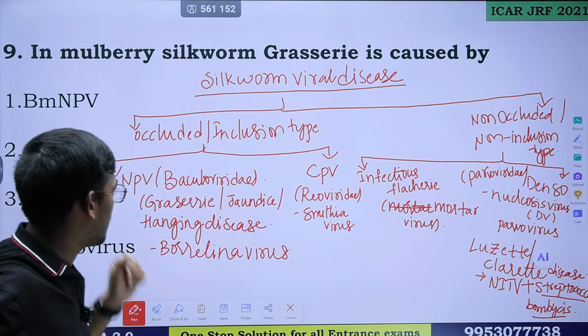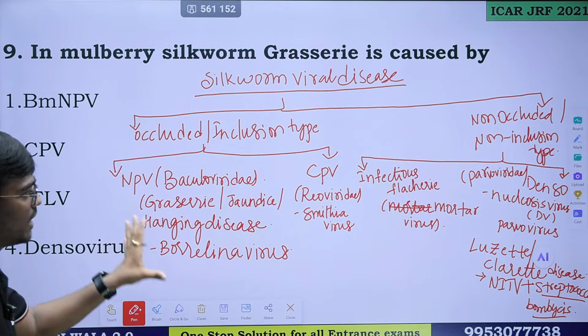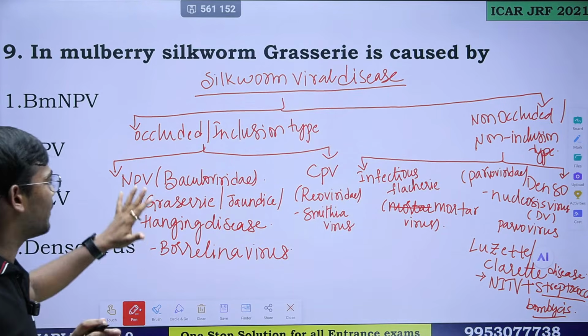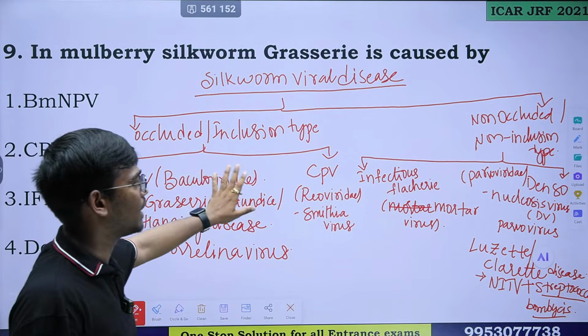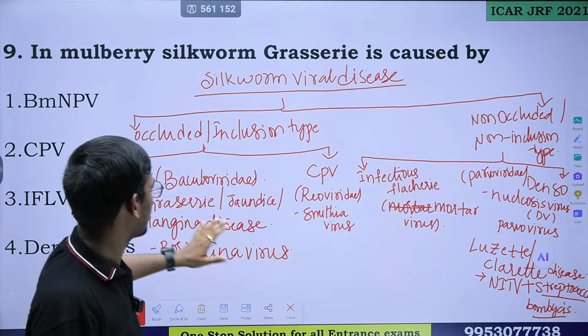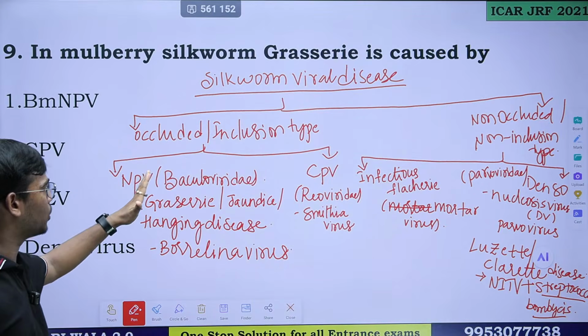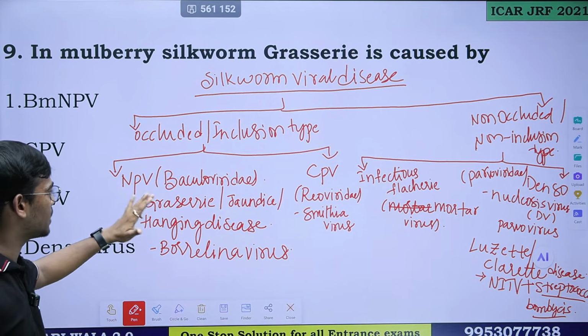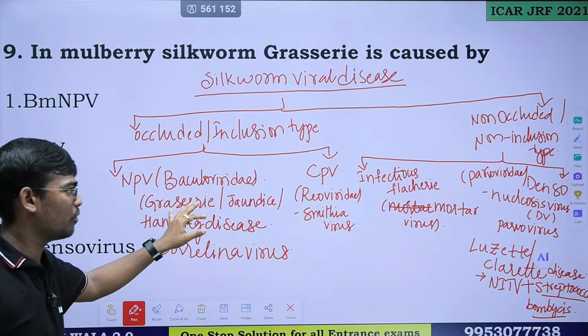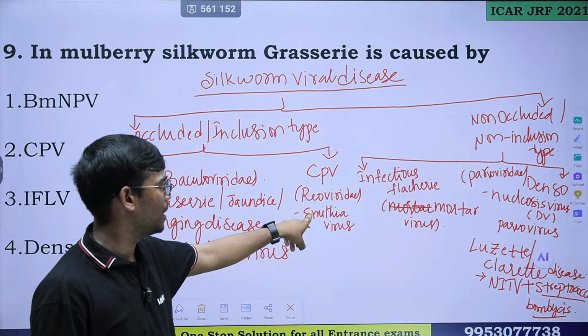Apart from this, we have the silkworm viral diseases specifically. Here you can see the viral disease. Again, we can divide it into occluded or inclusion type, and non-occluded or non-inclusion type. Coming to occluded, you all know this classification: NPV and CPV. NPV belongs to the family Baculoviridae, and CPV belongs to the family Rheoviridae.